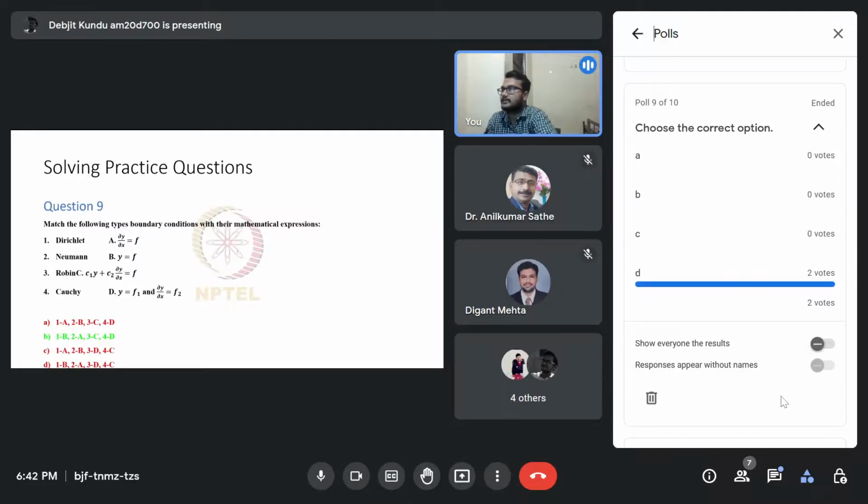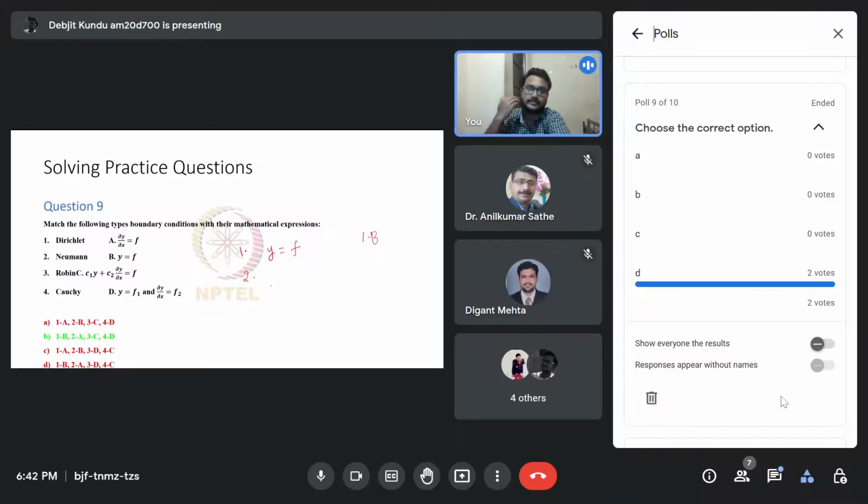So in Dirichlet condition, that is for 1, what is done is usually the exact value of the dependent variable being considered is given. So that can be expressed as a constant or some function f. So 1 would correspond to B. Then moving on to the second one, the Neumann condition.